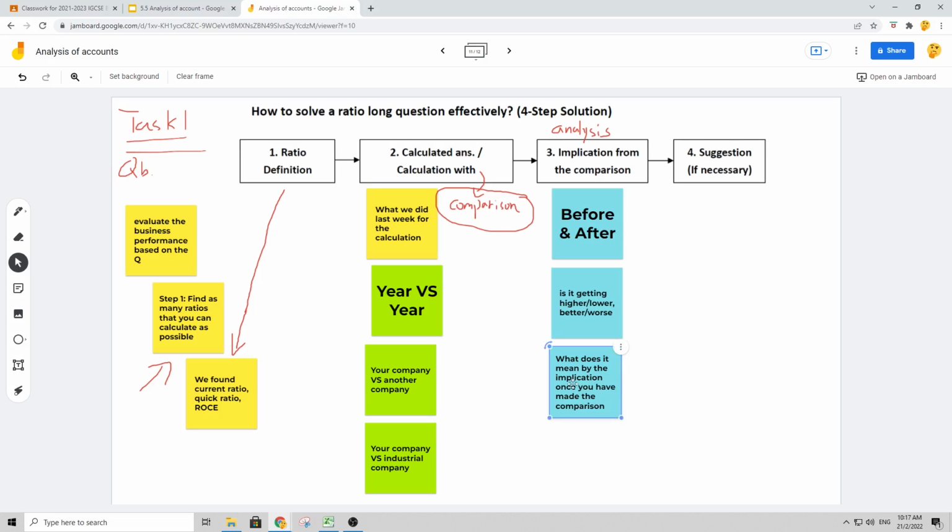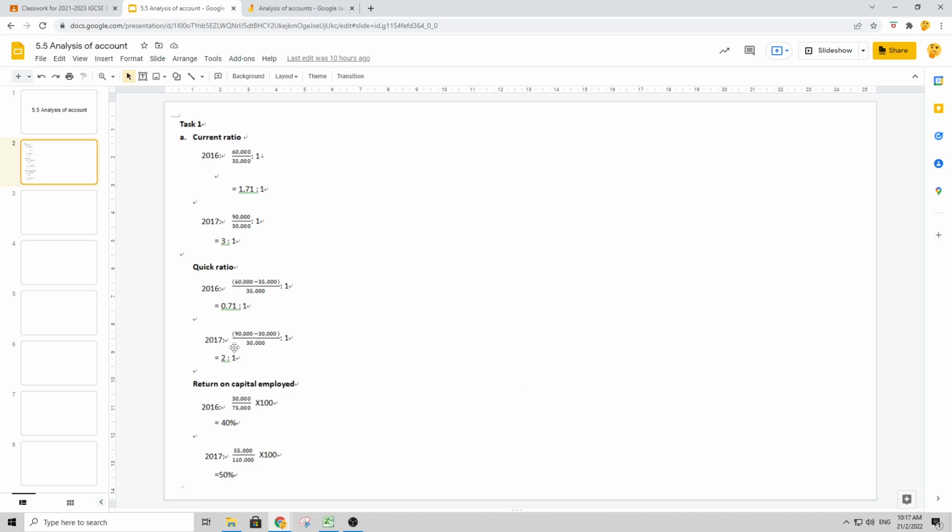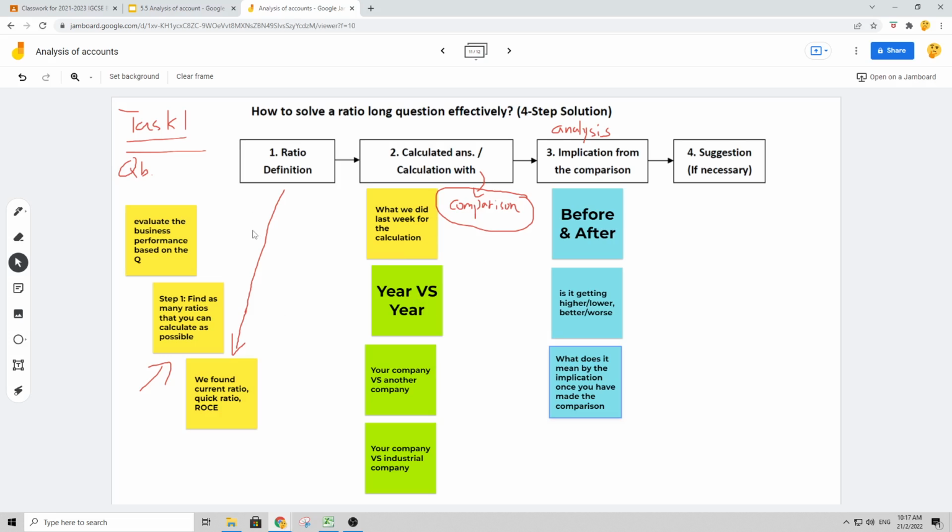And you would have to explain it. This is what you're gonna do for all the ratios that you can find from the available data. Once you have done that, then you are gonna be fine. Are we all good for step 3?